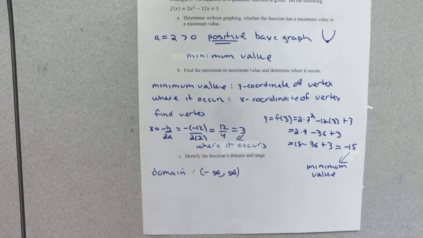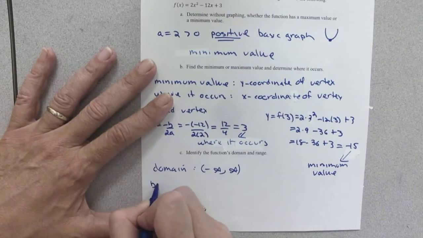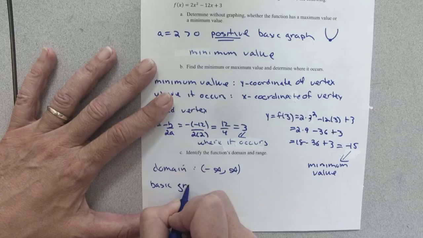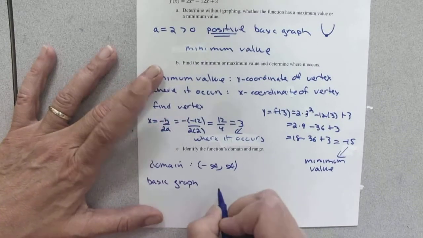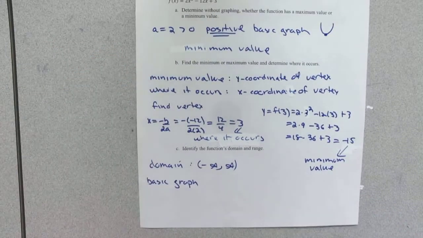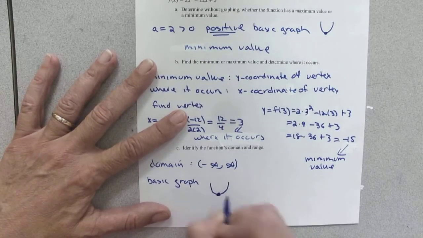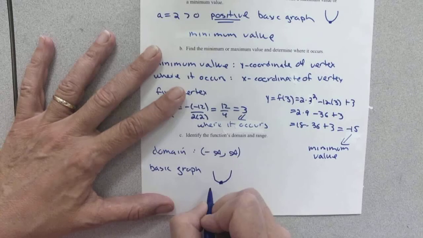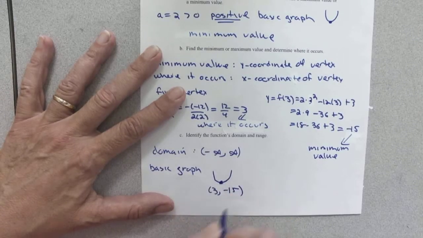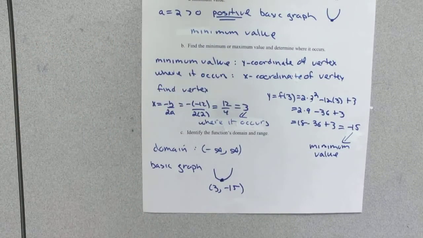Then just the basic graph. It's going to look something like this. We know it's a parabola that opens up, so it looks something like that. And we now know that that point there was 3, negative 15. That's just an absolute basic graph of this guy.